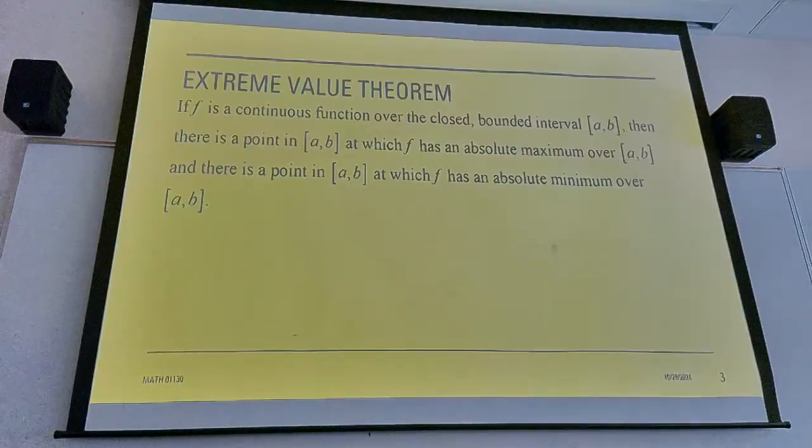If f is a continuous function over the closed bounded interval a to b, then there is a point in that interval at which f has an absolute maximum, and there's a point in the interval at which f has an absolute minimum. So what this is saying is every continuous function over a closed interval takes on both a maximum and a minimum.